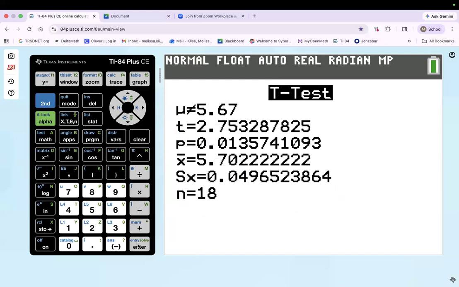And I'm going to write this on my screen because I want to show you what I want from you. T equals 2.75. P equals.